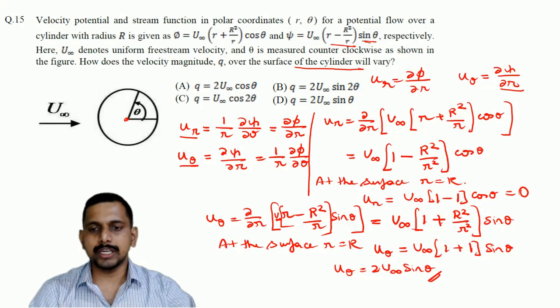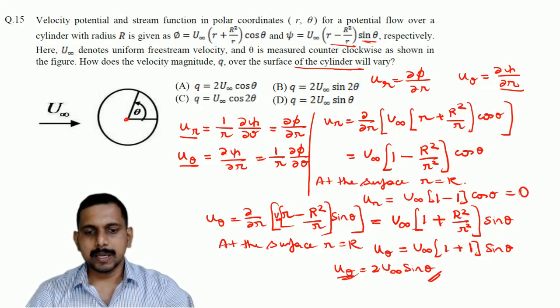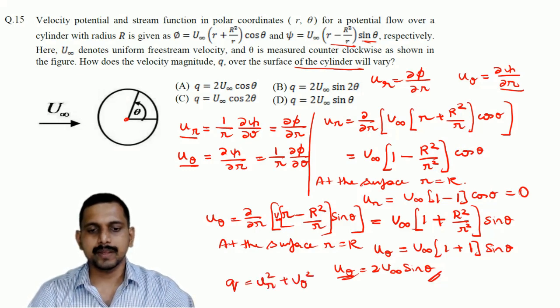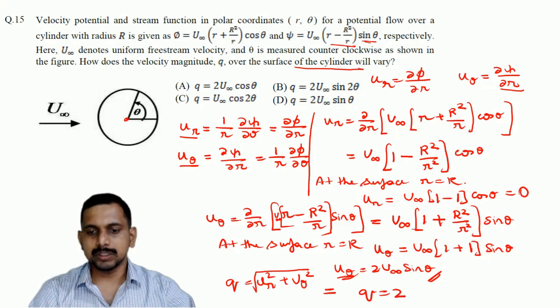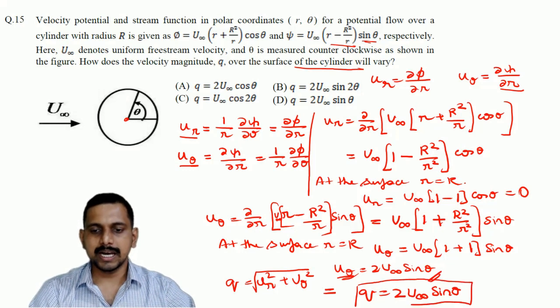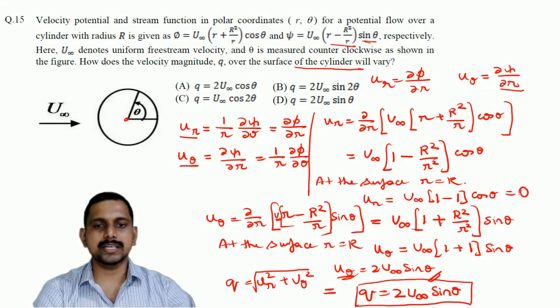Since I have only u theta, u r is equal to 0, it means my q, which is equal to the square root of u r square plus u theta square, will be equal to u theta, which is 2 u infinity sin theta. So this is the answer. Okay, so the answer is option D.